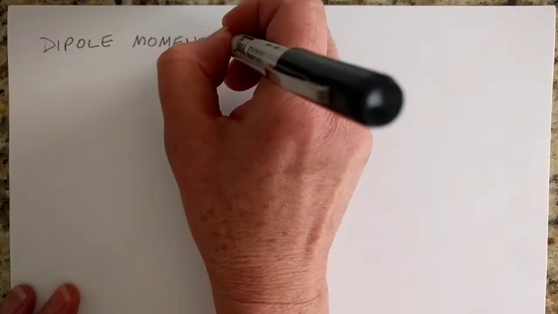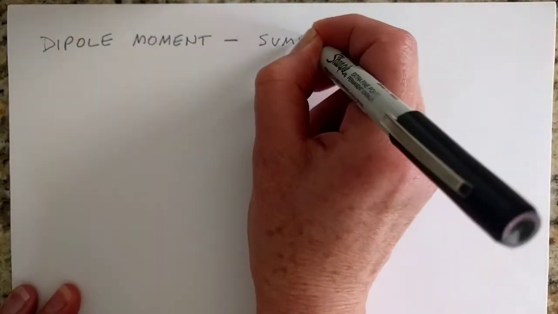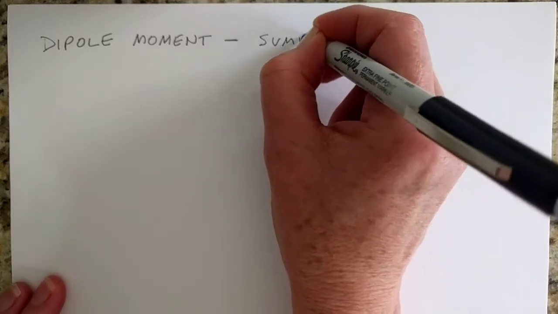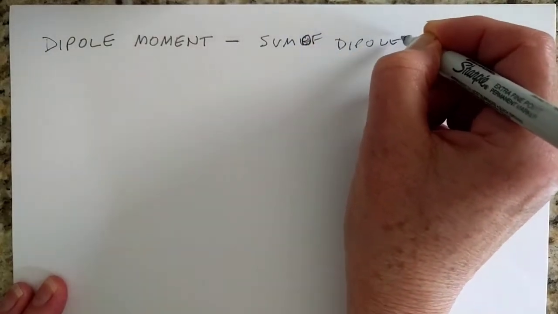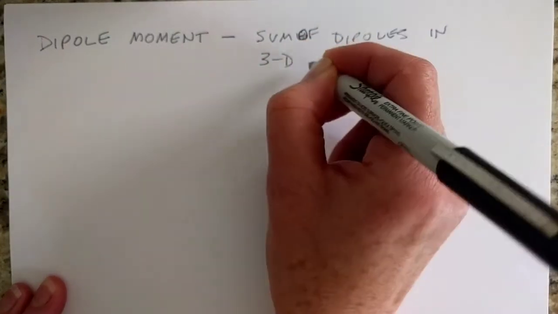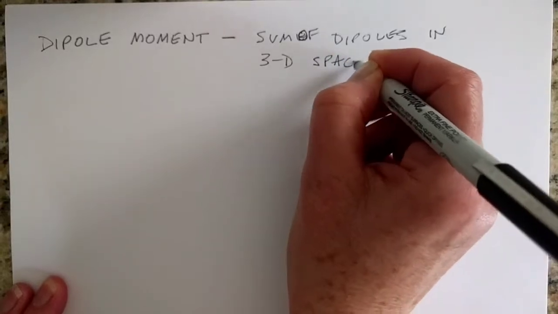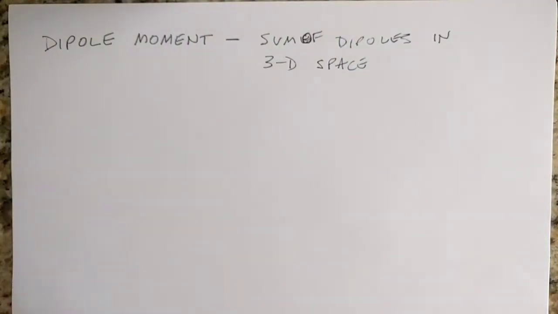The dipole moment is the sum of dipoles in 3D space. So this is a special kind of addition.